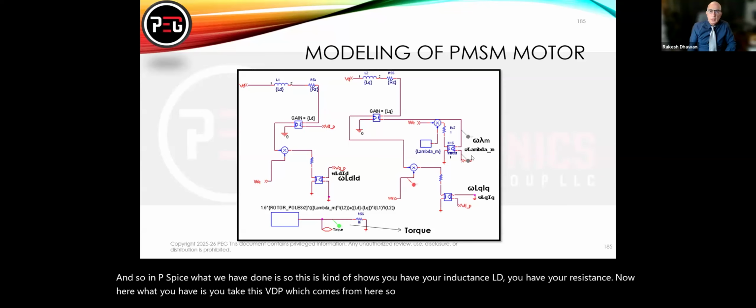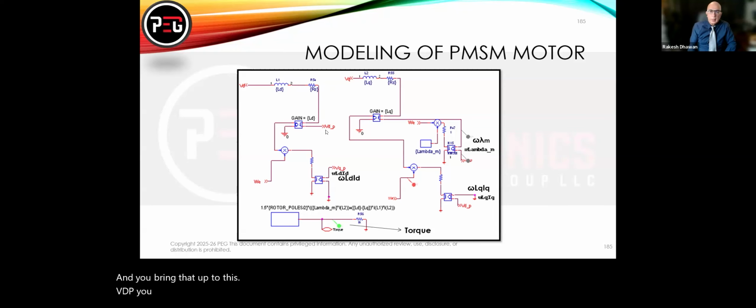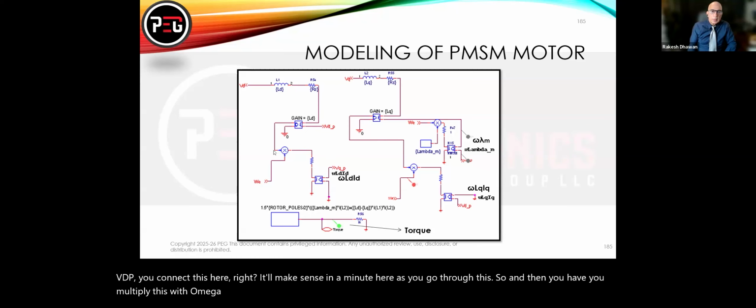VDP is essentially your omega LQ IQ. You take the current flowing through this loop and you bring that up to this VDP. You connect this here. It'll make sense in a minute as you go through this. Then you multiply this with omega E, which is a multiplication here, and this is your H block with the LD.